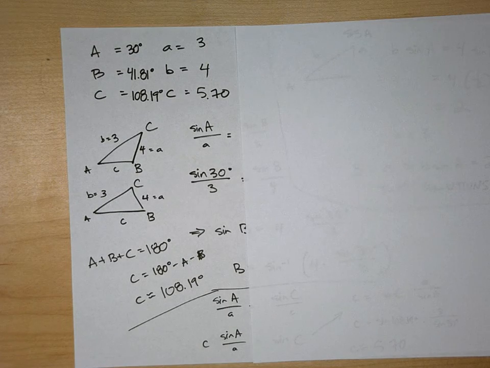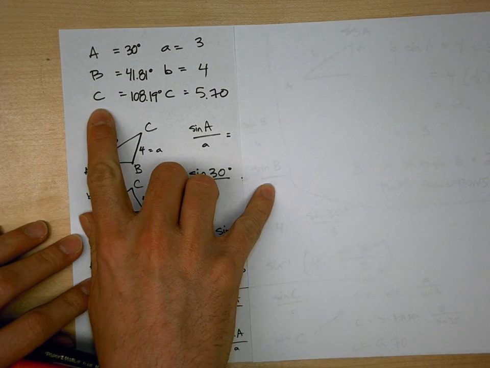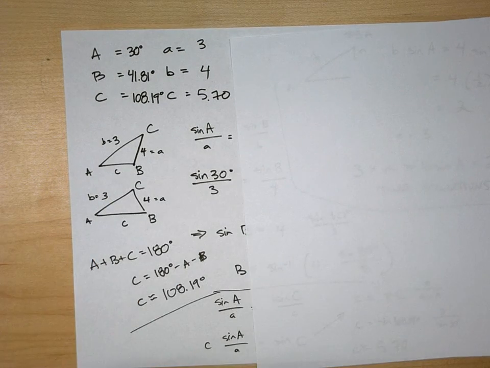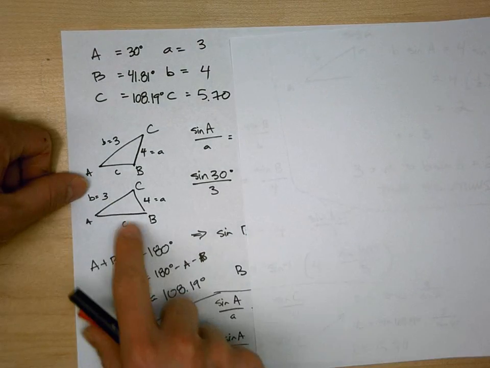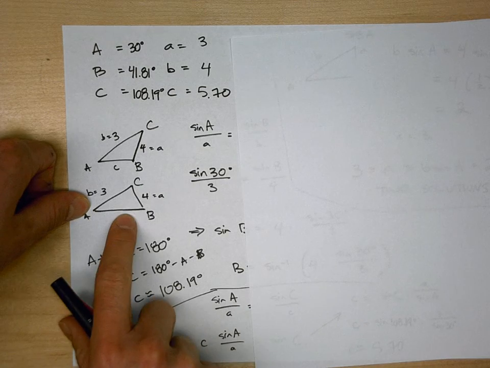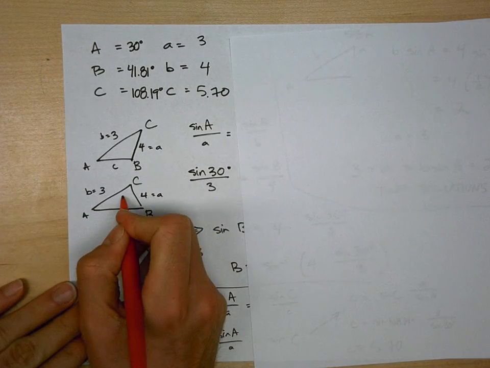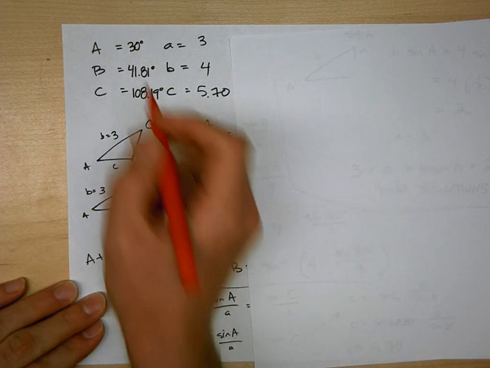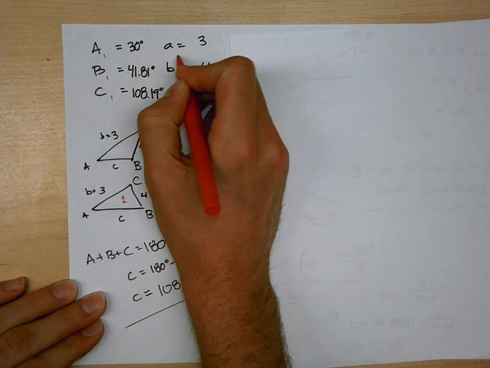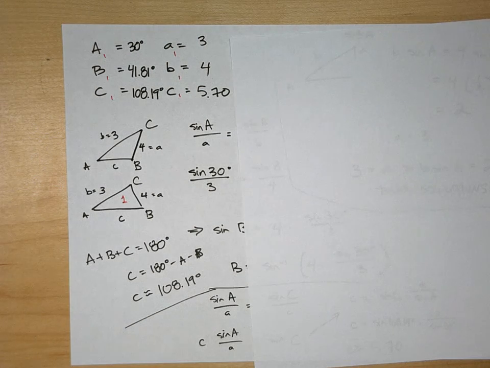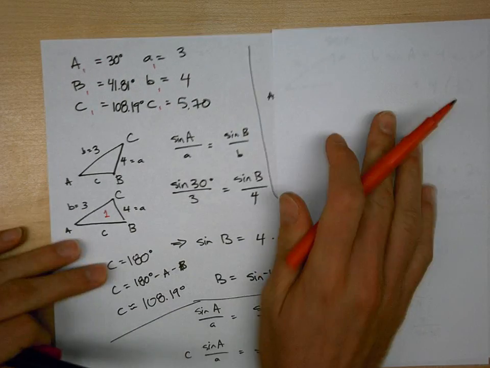So we see that C, angle C, is actually an obtuse angle, and B is an acute angle. So in that case, we're really looking at this guy down here as being the triangle that we just solved. So I'm going to call this triangle number 1, and put little 1 subscripts here for each of our variables, just so we know that this is the answer for triangle number 1.